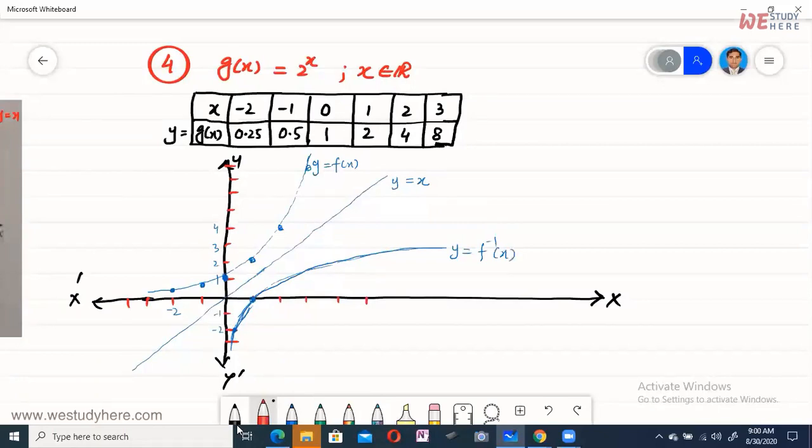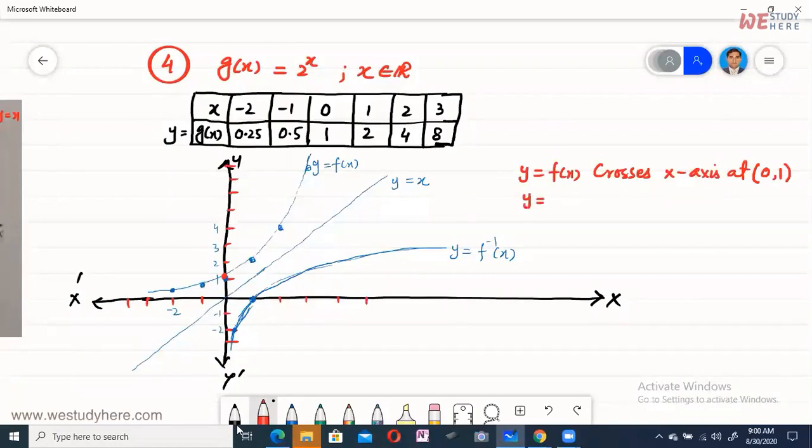Now we will check where the lines cross the axis. This is the point of intersection. Y is equal to f of x crosses the y-axis at the point where x coordinate is 0 and y coordinate is 1.